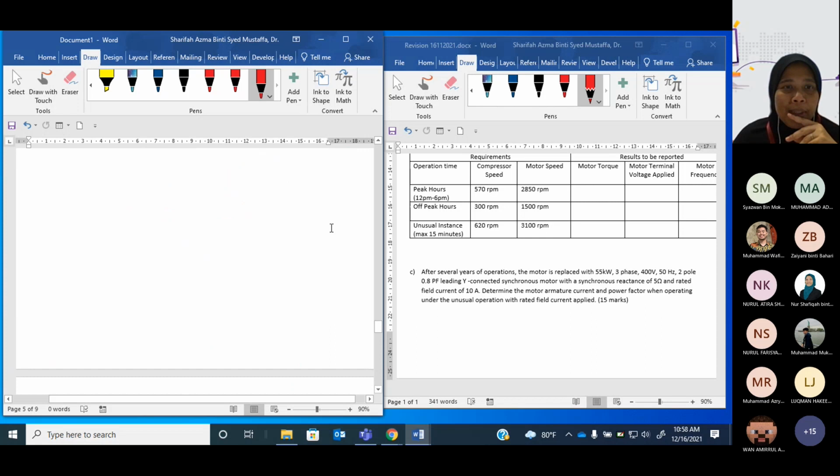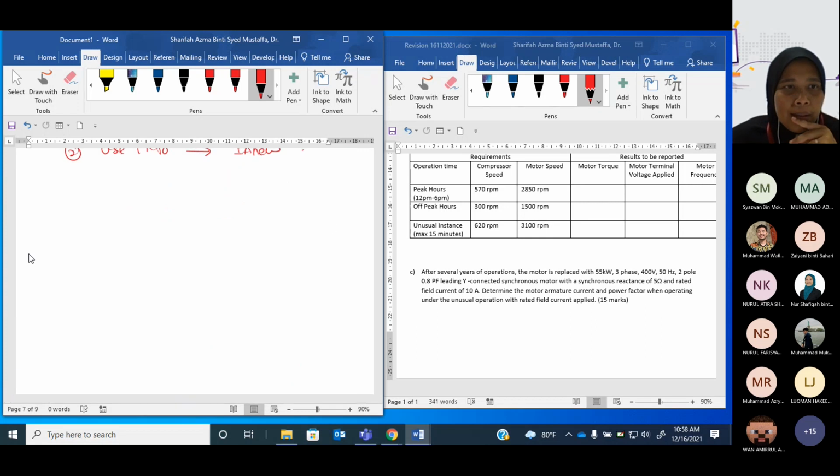For question 1, DC to DC converter, kan. So it will be the operation or application of DC to DC converter in DC motor. So nanti you kena calculate, let's say kalau you ada DC motor, how many control strategies do you have?